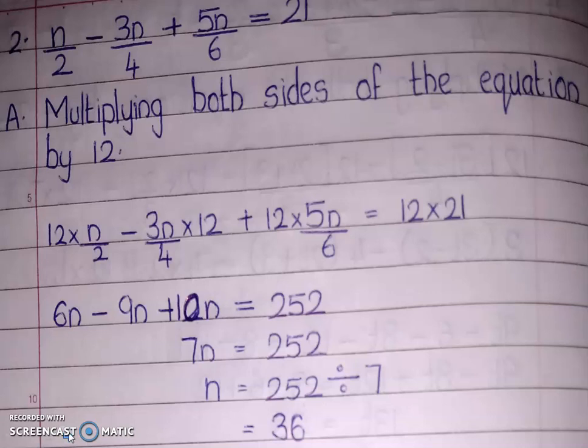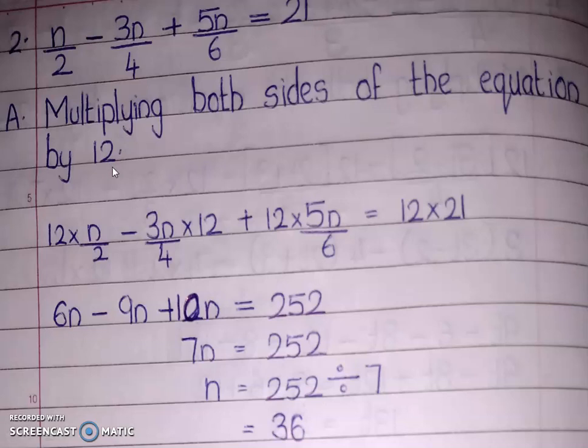Next question. N by 2 minus 3n by 4 plus 5n by 6 equal to 21. Here the denominator is 1. So how many denominators are there? 2, 4, 6 and 1. So if you take the LCM of the denominators, you will get 12.